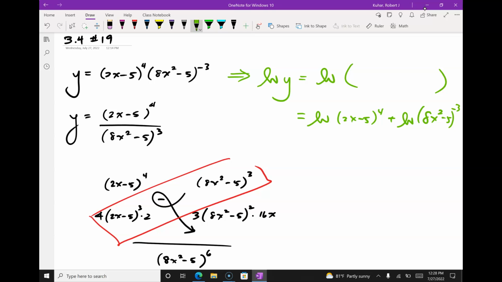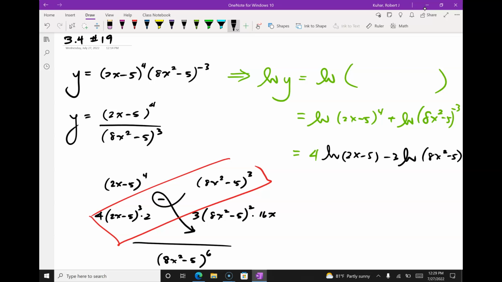And now the other property is that exponent comes down, right? So I now have 4 times the ln of 2x minus 5 minus 3 times the ln of 8x squared minus 5. So again, property of ln's.